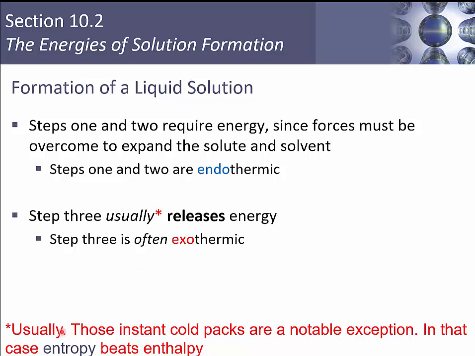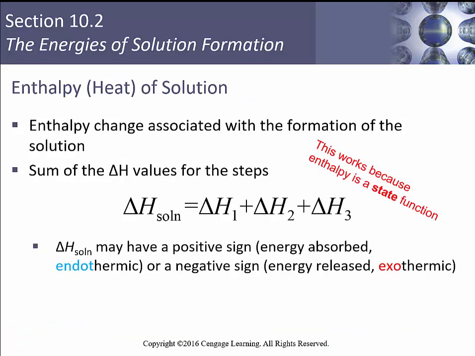Usually, those instant cold packs are a notable exception, and in that case, we've got a fight between entropy, which we will talk about in our thermodynamics chapter, and enthalpy, the heat of formation. So, our enthalpy or heat of solution is the enthalpy change associated with the formation of the solution. We're going to sum up those individual steps: break up our solute, break up our solvent, combine them together.